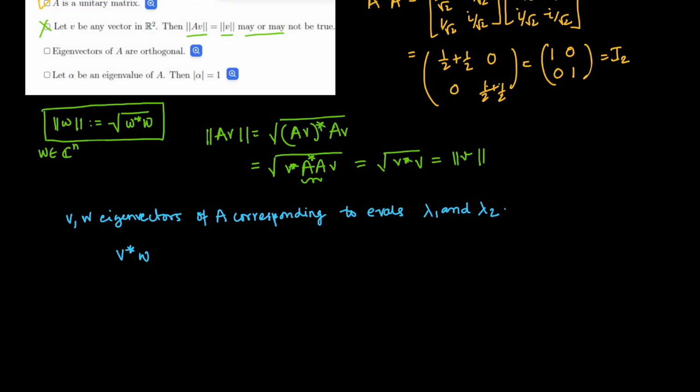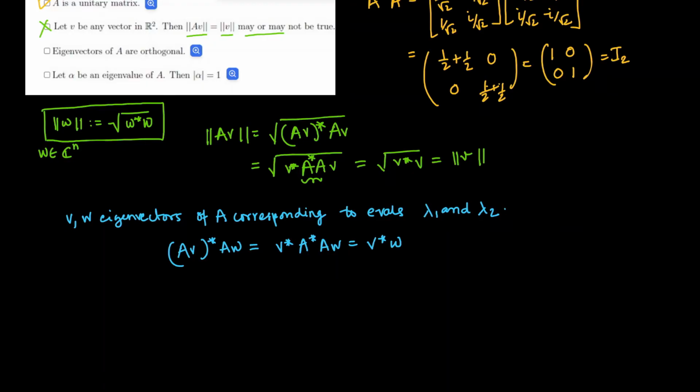Let's look at the term AV star AW. This will be equal to V star A star AW. Again, since A star A is identity, we can write this as V star W.